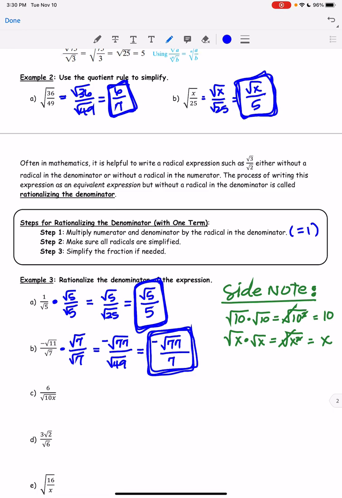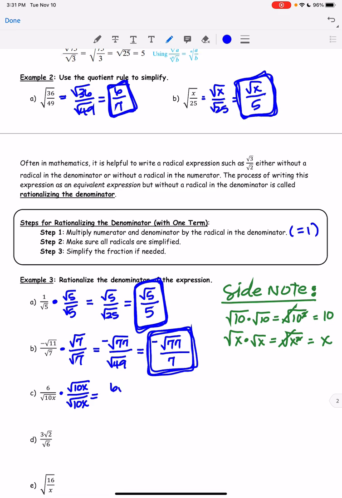Okay, on C, we got 6 over square root 10x. So we're going to multiply top and bottom by whatever radical's in the bottom to get rid of it. So I'm multiplying by square root 10x over square root 10x. On the top, one's outside a radical, one's inside, so they don't mingle.